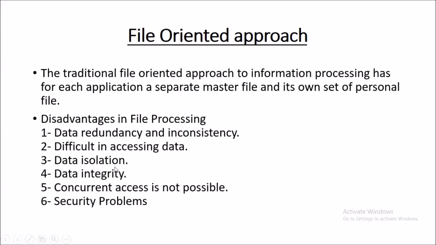Next is data isolation. As you know, the data is scattered in various files, and files may be in different formats, so writing a new application program to retrieve the appropriate data may be difficult. So this is the problem of data isolation. Then, the data integrity problem. The value of data in a database must follow or satisfy some rules or consistency constraints.